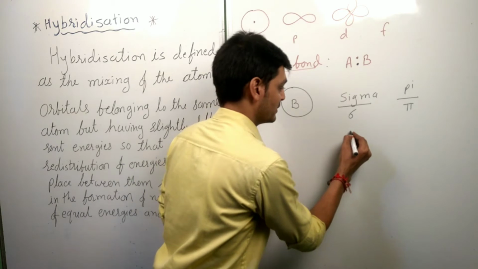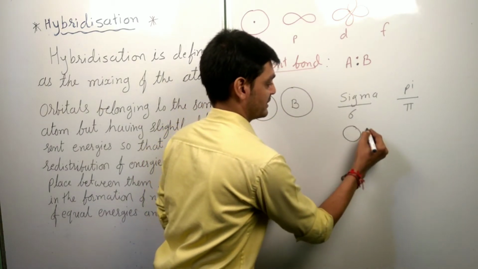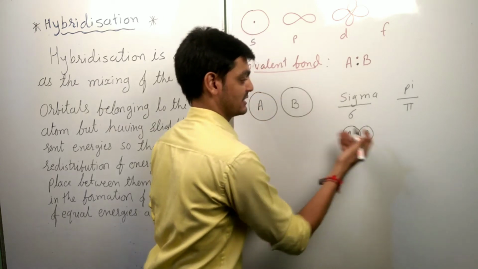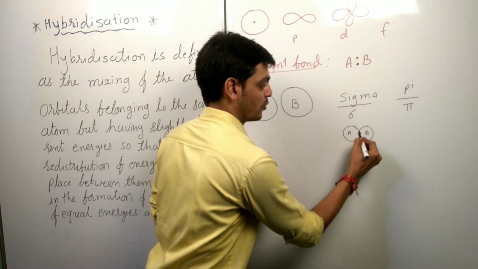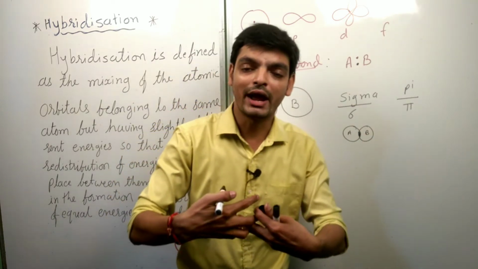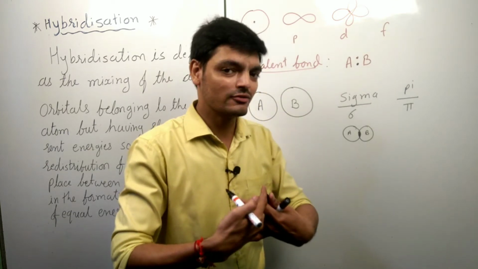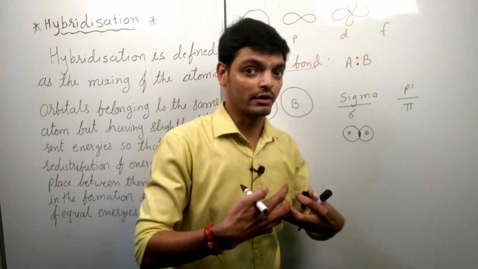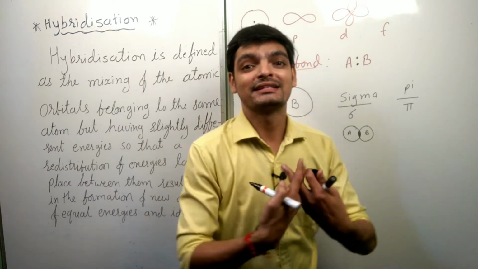For example, the two s orbitals of A and B overlap end-to-end, or completely, or we can also say axially, and form a sigma bond, which is a stronger bond. The strength of this bond depends on how much overlapping is taking place.